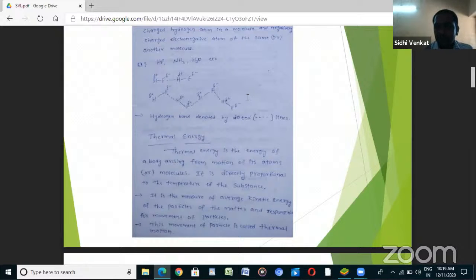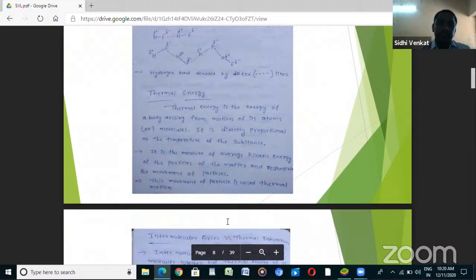It is the measure of the average kinetic energy of the particles of matter and is responsible for the movement of particles. Kinetic energy is denoted by KE. So thermal energy is directly proportional to the temperature.